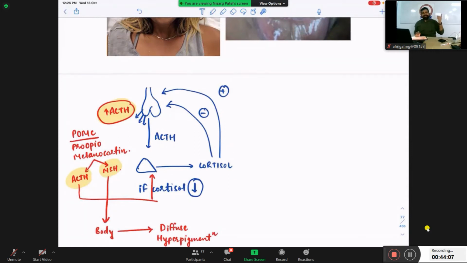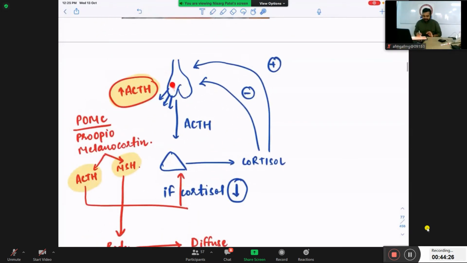But what is happening in Addison's disease? There is an autoimmune destruction or a tuberculosis-led destruction of the cortex. So, because of the destruction, what is happening? There is not enough cortisol. So my pituitary is sensing that there is not enough cortisol. So what will it do? It will try to increase the synthesis of ACTH. ACTH बनता कहाँ से? Pro-opiomelanocortin.